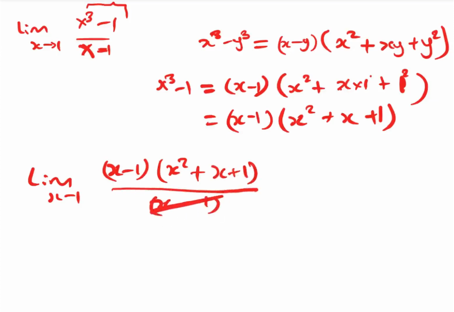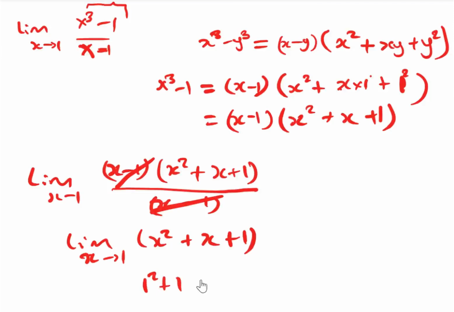The x minus 1 will cancel x minus 1, and we have the limit as x tends to 1 of x squared plus x plus 1. So substituting our x in this expression, we have 1 squared plus 1 plus 1. This will give me 3, and this is our answer.